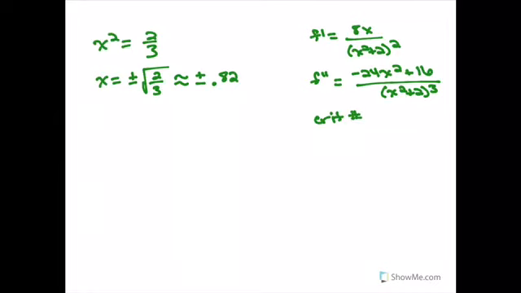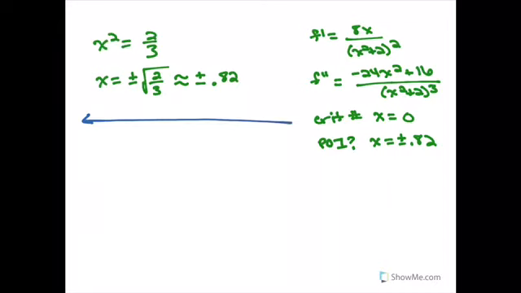Our critical numbers only gave us x equals 0, and our possible points of inflection now are x equals plus or minus 0.82. So I'm going to put all of this on a number line.